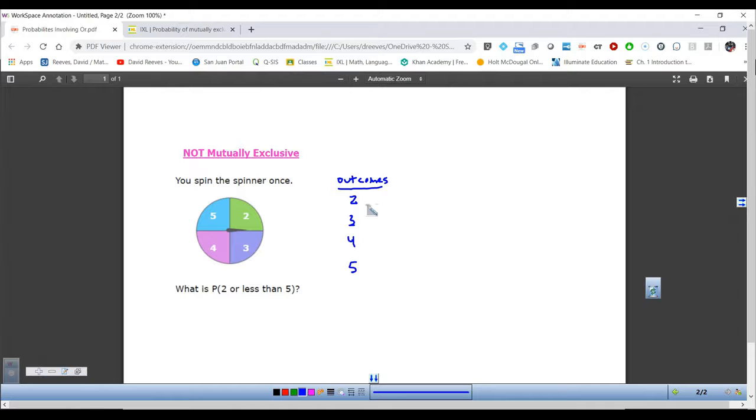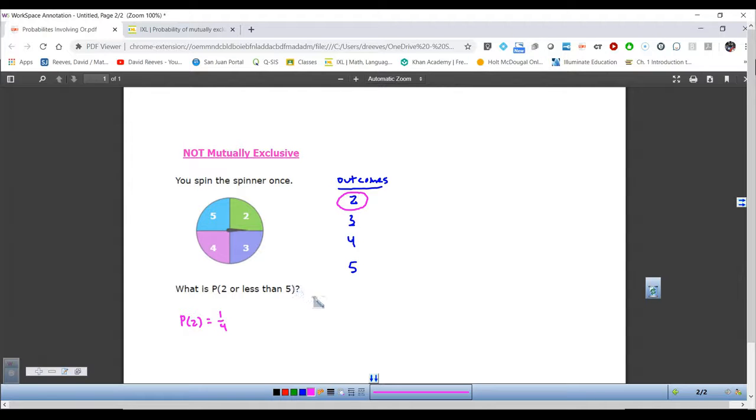One of those 4 things will occur. Now, the probability that it's a 2 is 1 out of 4. Do you agree? 1 out of 4.